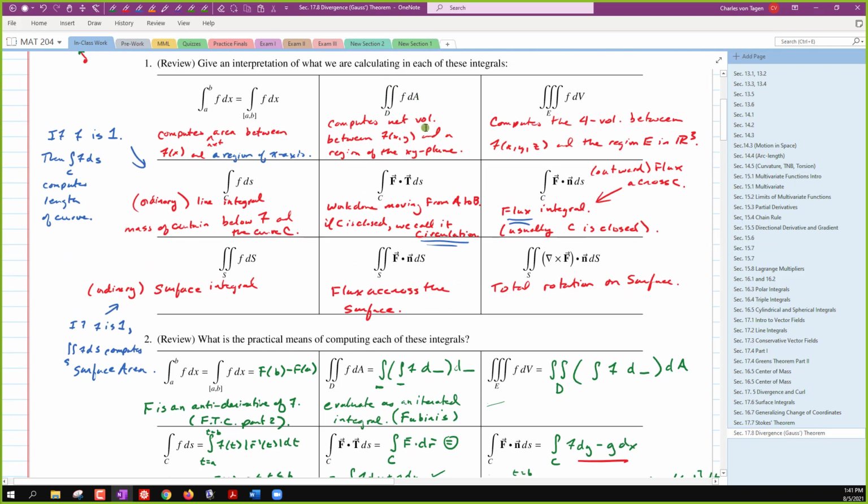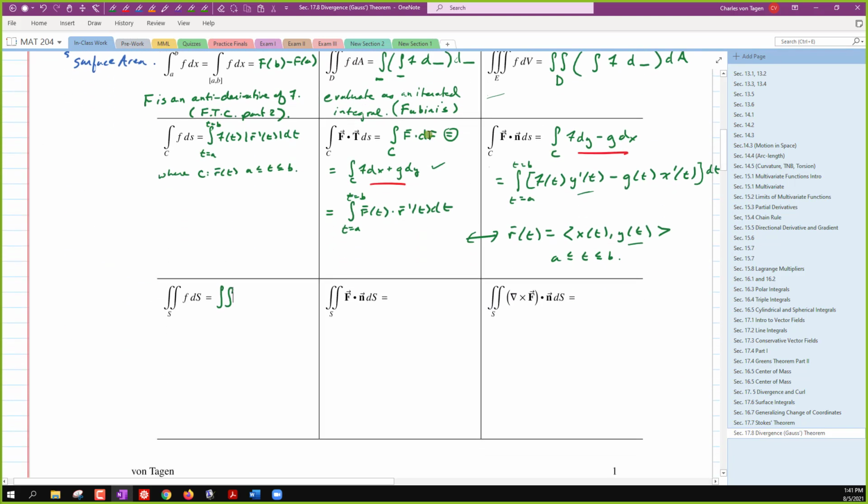So this will be the double integral over R of f of uv times the magnitude of r sub u cross r sub v dA, where r sub uv parameterizes the surface S.